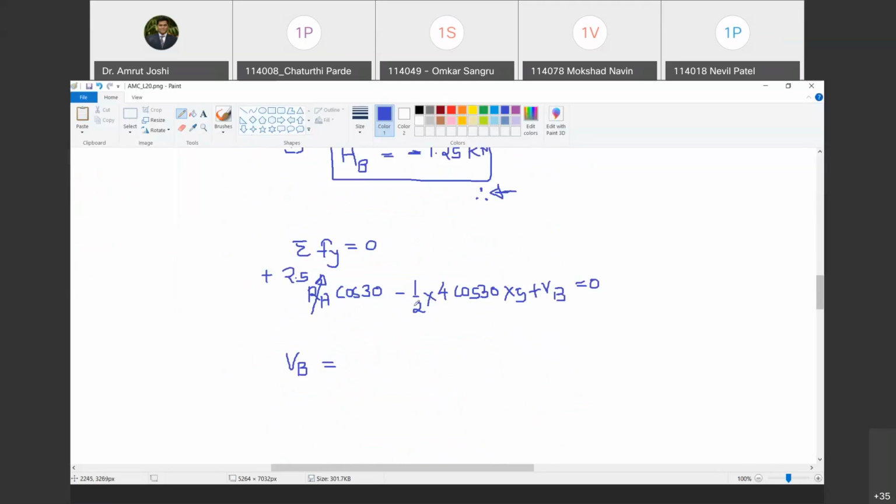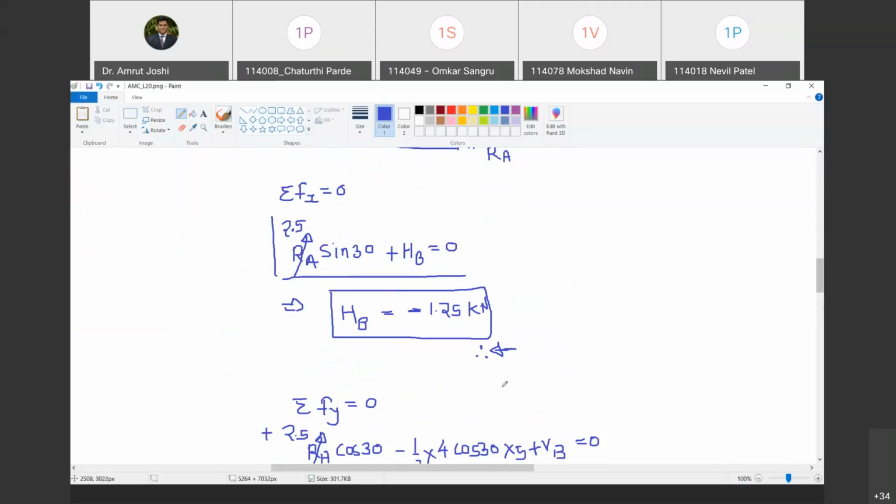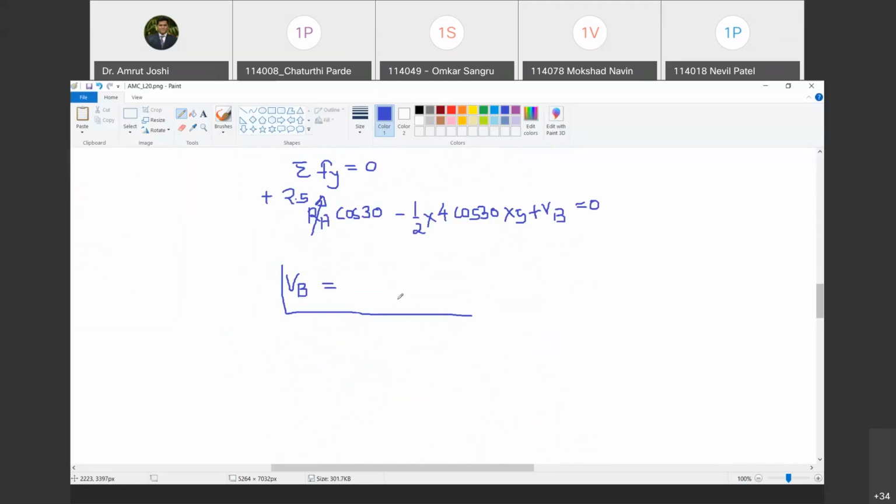VB is going to be half into 4 into cos 30 into 5 minus 2.5 cos 30. Sir, 3.75 cos root 3. Sorry. No. Tell me number.